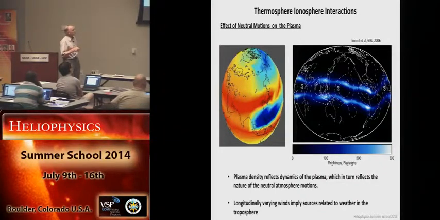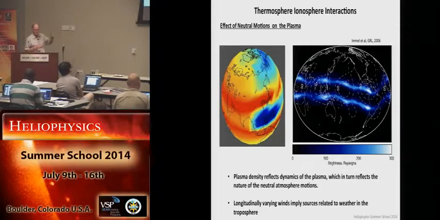And these signatures here are signatures of currents that are driven by waves that are produced by convective disturbances on the surface of the Earth. So this is a relatively new discovery that we're still trying to figure out. But these are wave-like signatures that are produced by convective disturbances on the Earth. And they affect the ionosphere in much higher altitudes.